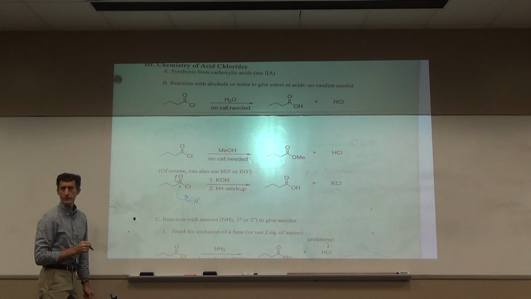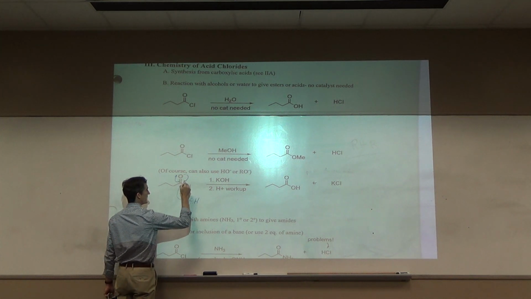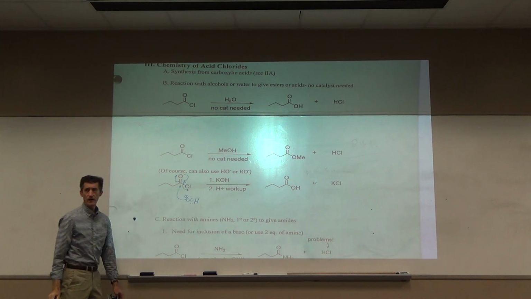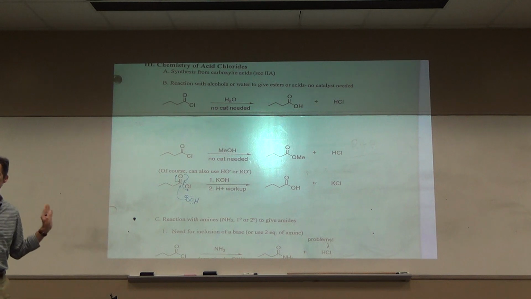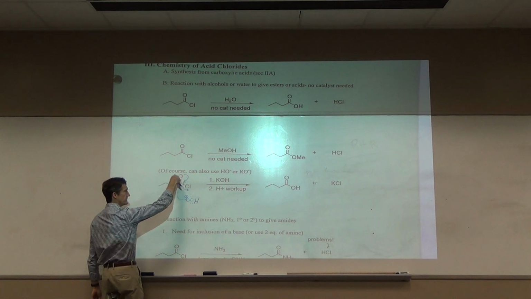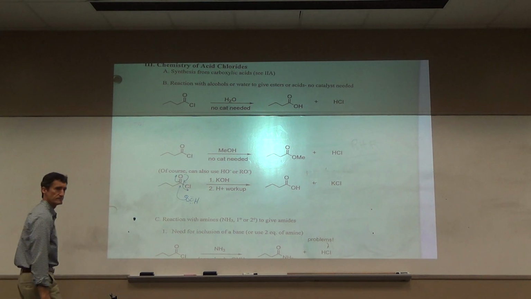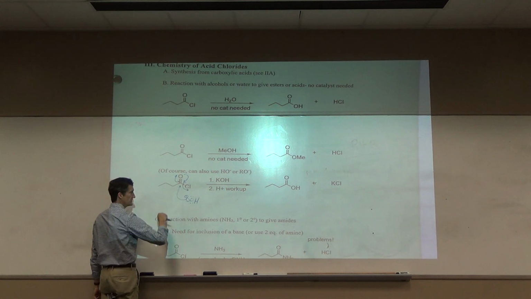Sometimes we'll do this going forward. Electrons up, what's next? Electrons back down, kick the chlorine off. You can't do that on a quiz or test though. This is just me showing you. Sometimes you'll see it done like this, sometimes maybe in the workbook. I'm just combining lots of things here.